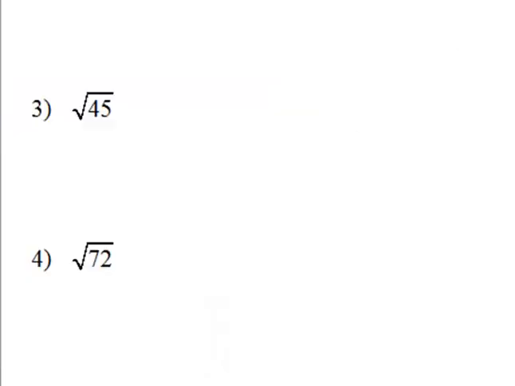I think the best way to take a look at this, though, is to work on a couple of them. Our first one that we're going to do is the square root of 45. I know that the factors of 45 are 5 and 9. So I'm going to do the square root of 5 times the square root of 9. 5 is a prime number.